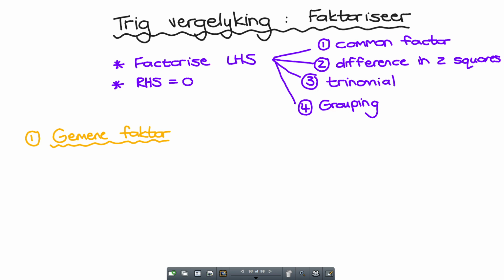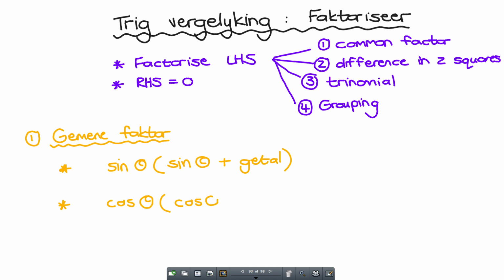Okay, now, common factor, we have already shown an example of that, but I just want to write one quickly for you. So say we take out sin, then it will be sin theta plus a number. Or let's say we took out cos theta as a common factor. Then you would probably have something like cos theta plus a number.